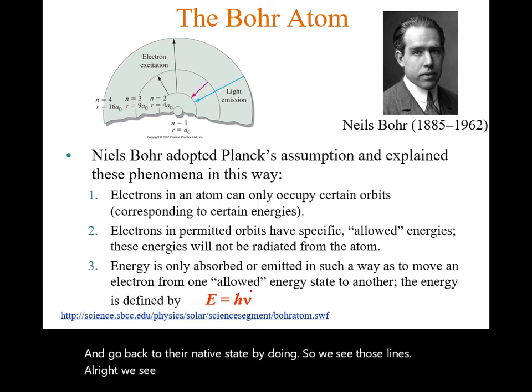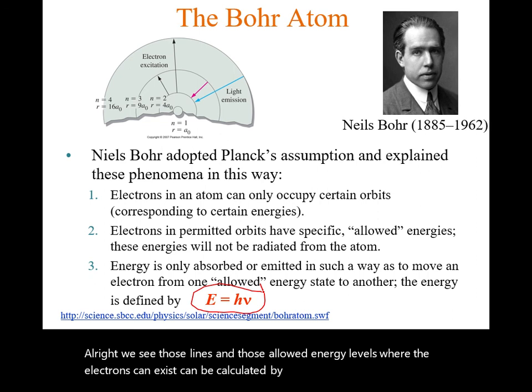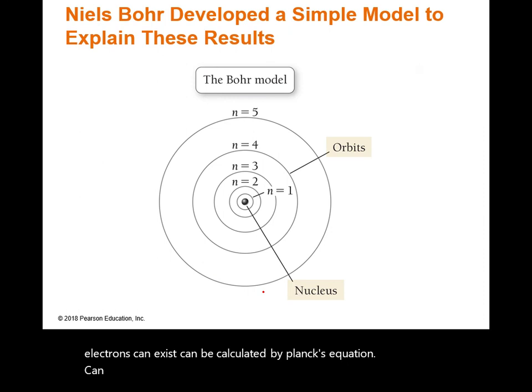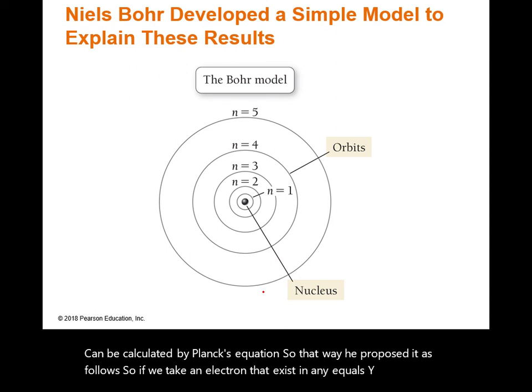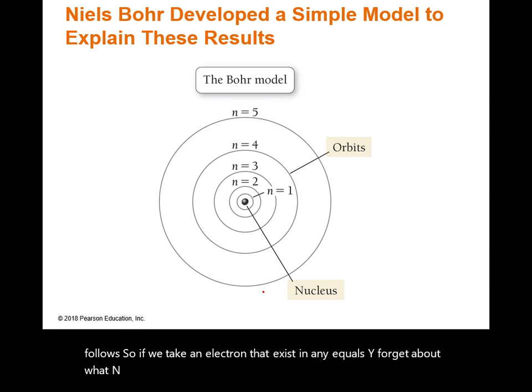And those allowed energy levels where the electrons can exist can be calculated by Planck's equation. So the way he proposed it is as follows. If we take an electron that exists in n equals 1, and forget about what n is right now, let's just say it's energy level 1, 2, orbit 3, 4, 5, and so forth.